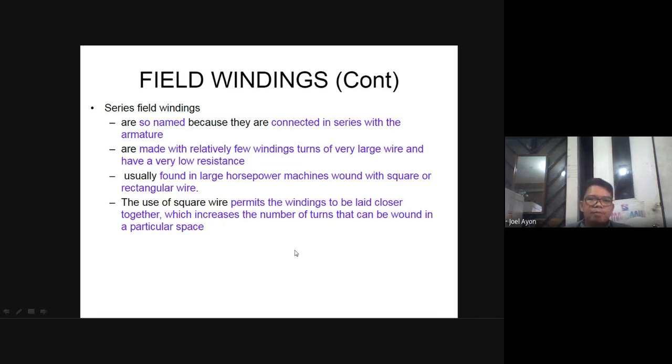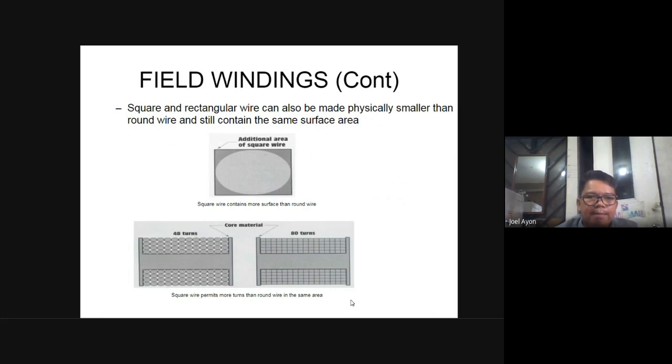Usually found in large horsepower machines, wound with a square or rectangular wire. Accordingly, the use of a square wire permits the windings to be laid closer together, which increases the number of turns that can be wound in a particular space. Square and rectangular wire can also be made physically smaller than round wire and still contain the same surface area.